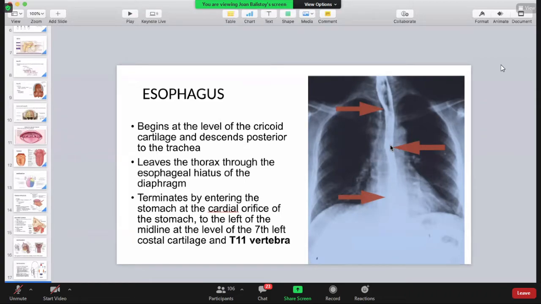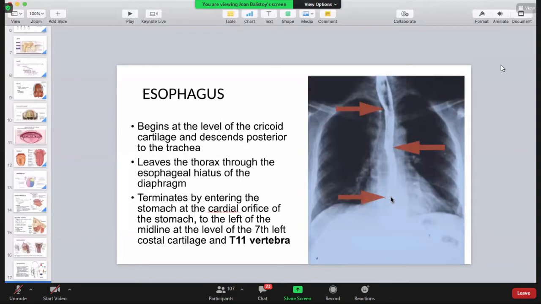So it is 1.6 diameter and 22 centimeters from your incisor. The last constriction is in the diaphragmatic area, around T10 to T11. It is the diaphragmatic hiatus, which is the lowermost, and it is caused by the gastroesophageal sphincter.